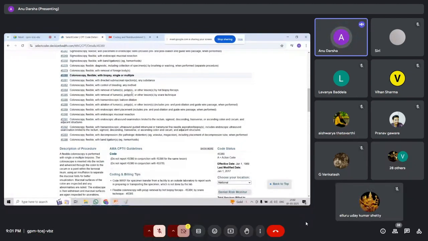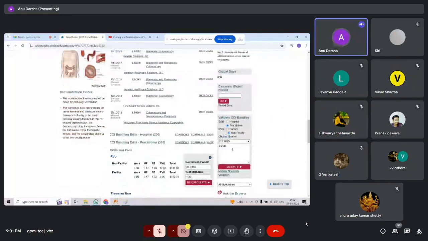In one single encounter, they can do a polypectomy, they may do a biopsy for diverticulosis, and they may do a polypectomy for a polyp, right? There is a possibility of these two. So when you are reporting these two, there will be an edit. It will tell that if 45380 and 45384. I'll show you here.